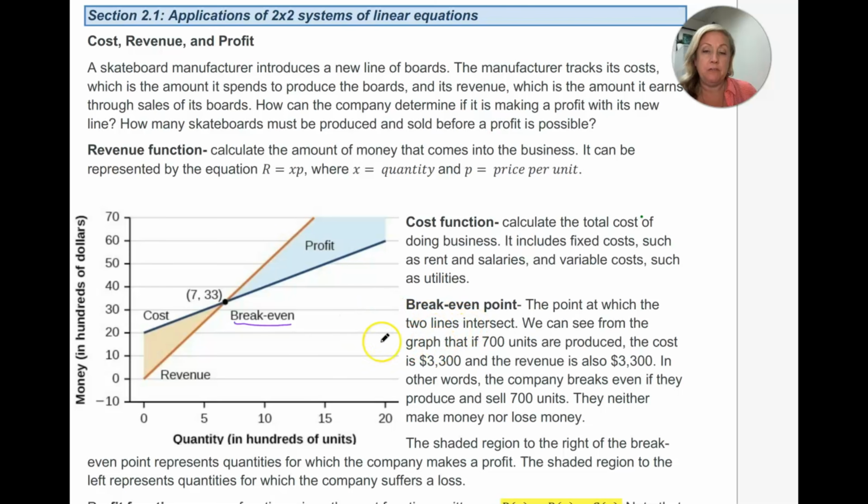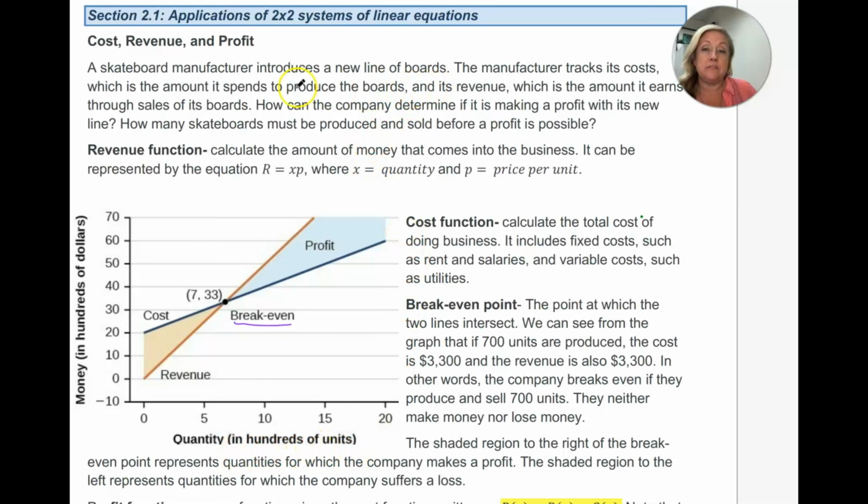And so to try to make sense of what this is saying, notice that our graph on the side here is talking about money in hundreds of dollars, and along the bottom, along the x-axis, is quantity in hundreds of units.